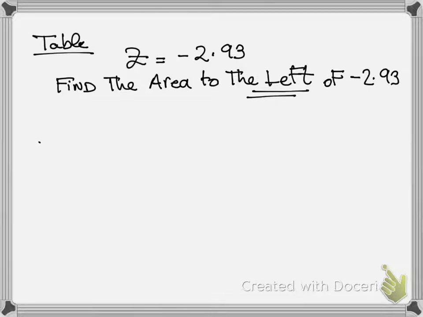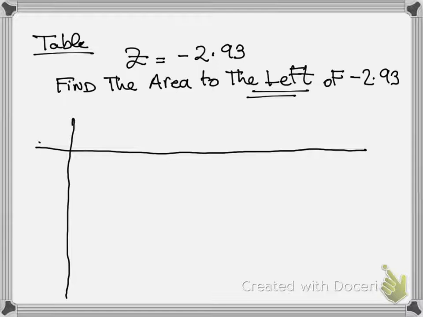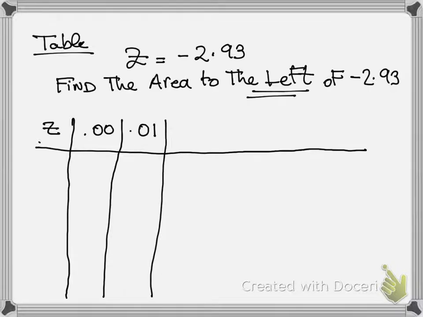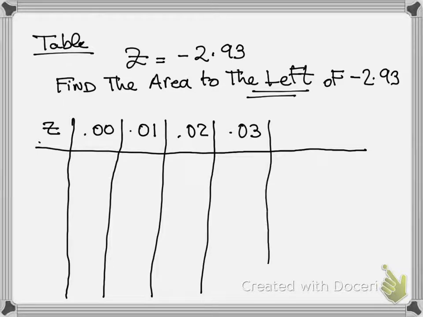So if you check the table, in the first row you have z, then you have 0.00, then 0.01, then 0.02, 0.03, etc.